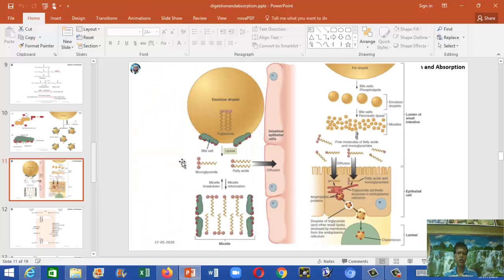The lipid molecules are mainly digested by the action of phospholipids, bile salts, and enzymes like pancreatic lipases and other lipases.